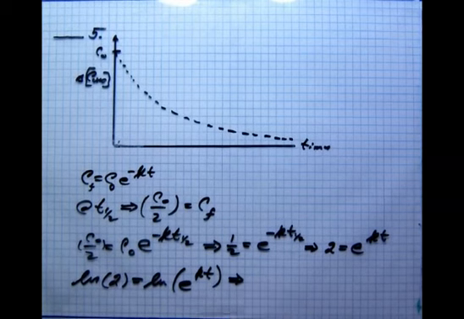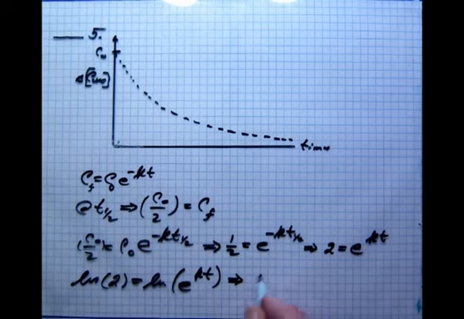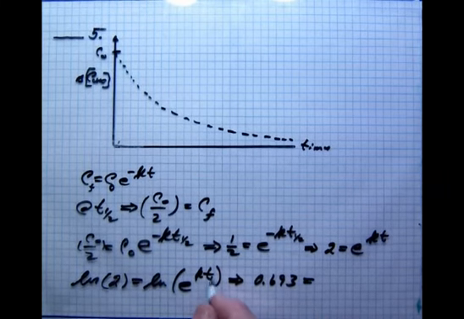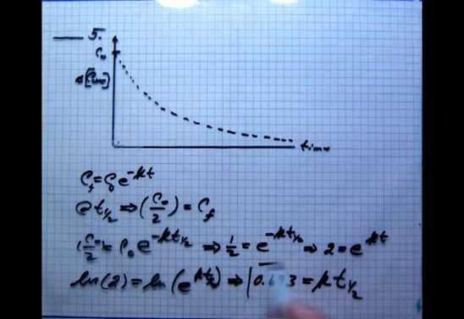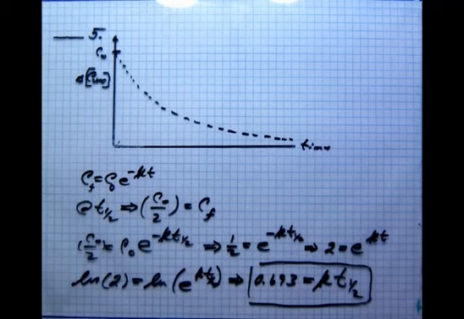And as a result, we have ln of 2, which is 0.693, to equal, that should be 1/2 right there, KT to the 1/2. Number of problems will show up using that equation right there. Okay?